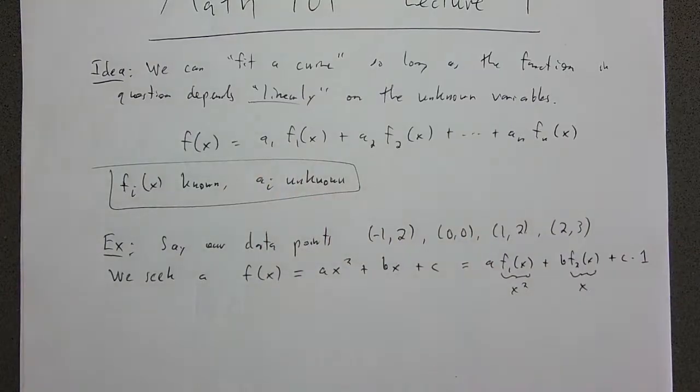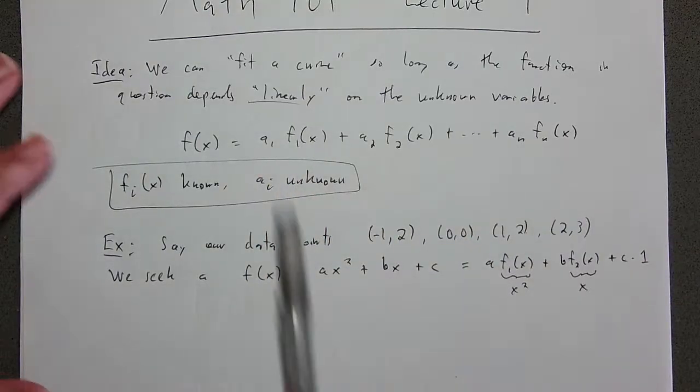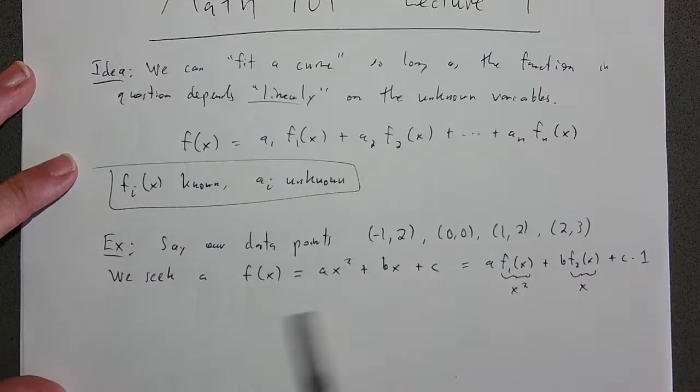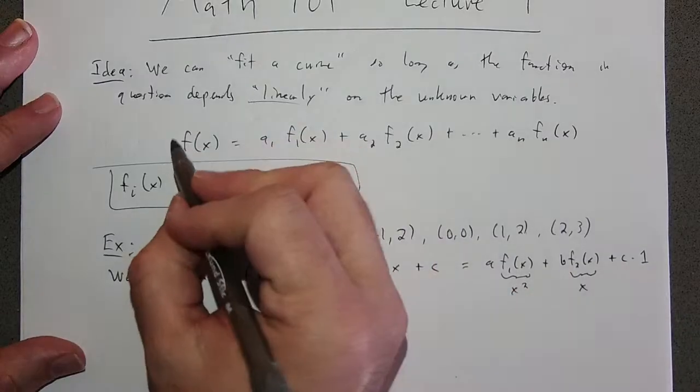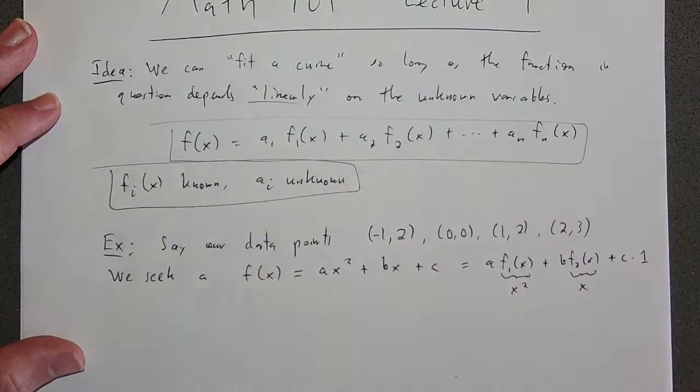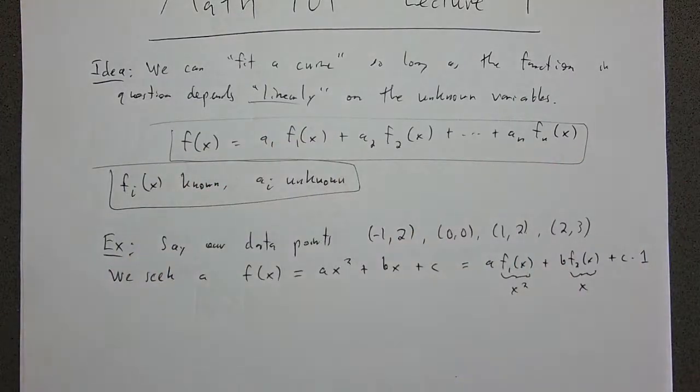So when you look at this, it's important that when we talk about this, you look at this function and say, oh, this depends linearly on the unknown parameters a, b, and c. Right? Don't get confused that this is an x squared here, okay? Because this is what we mean, that it is in this form. Okay. All right.